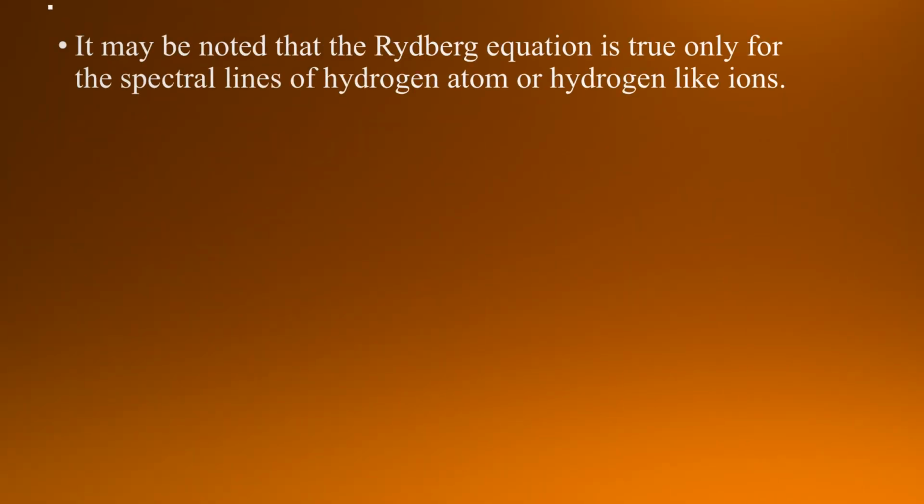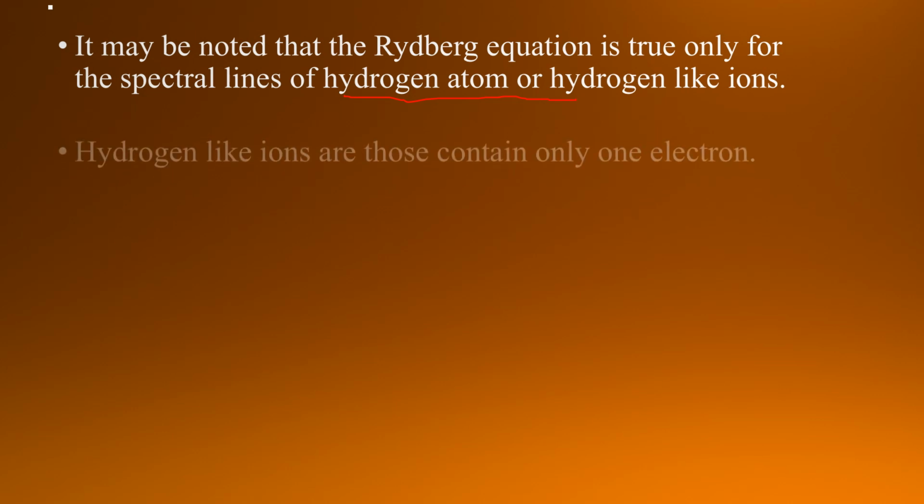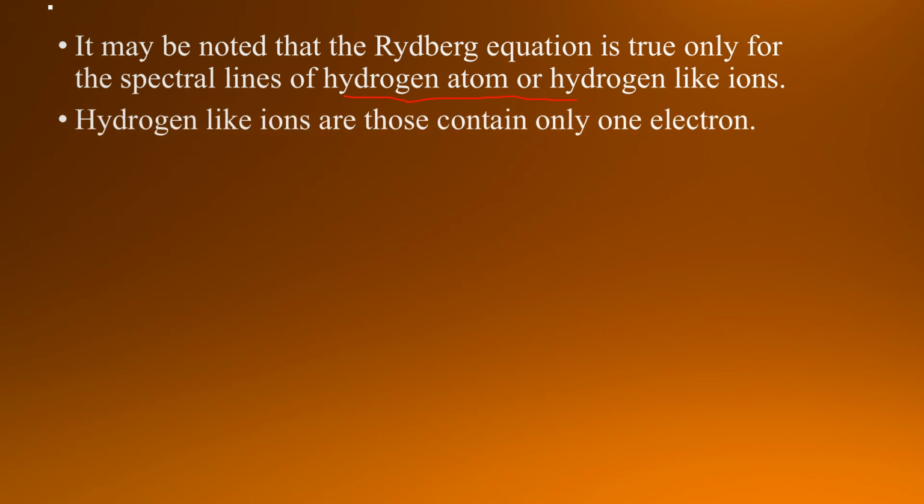Also, it may be noted that the Rydberg equation is true only for the spectral lines of hydrogen atom and hydrogen-like ions. The hydrogen-like ions are those ions which contain only one electron.